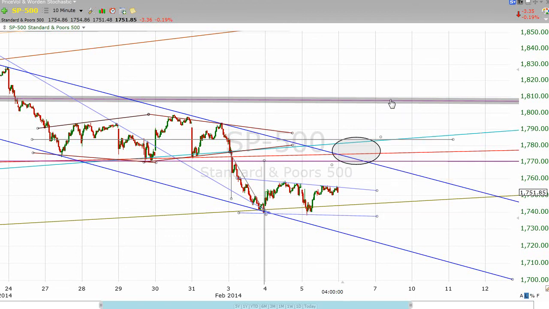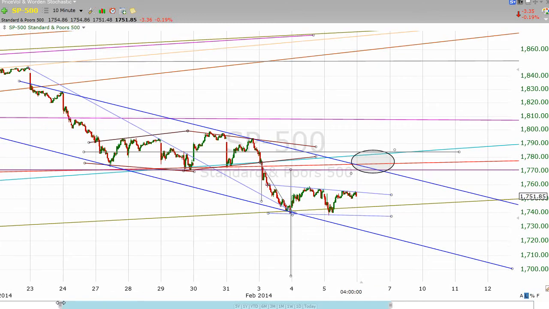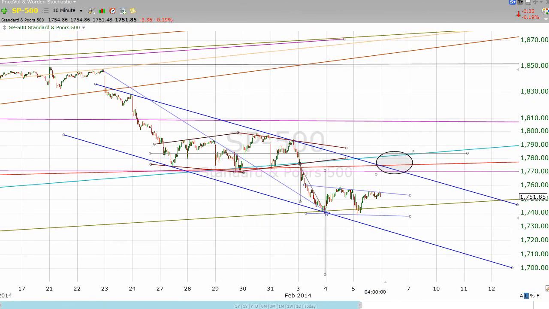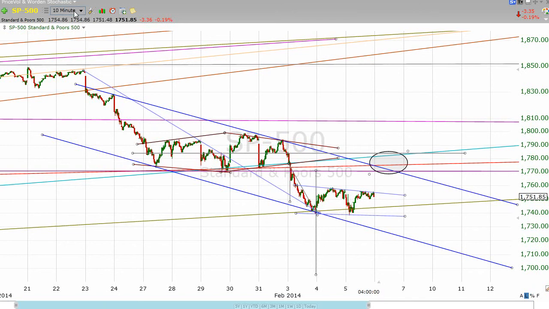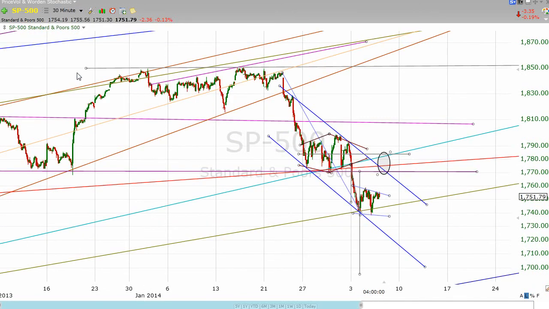I'm just saying, we've seen some remarkable strength out of the markets, but really for all of 2014, it's been pretty darn weak, hasn't it? If you look at it, let me go to a 30-minute chart. Here we are in January.